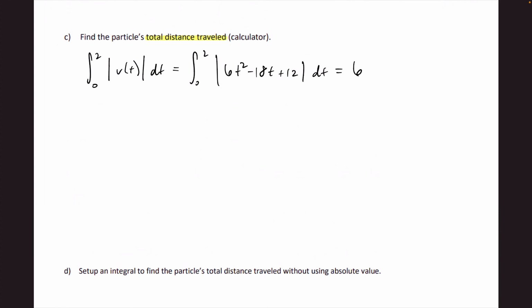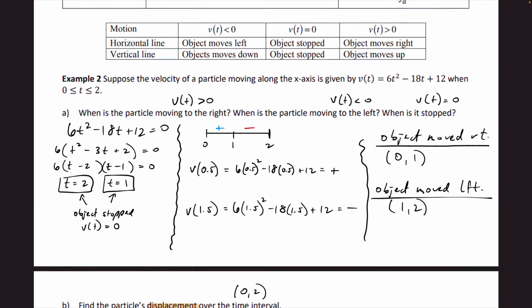How do we get the total? Well, first of all, do we know where it doubled back, or where it went in the opposite direction? Yeah, we actually do, right? So it's moving to the right from 0 to 1, right?